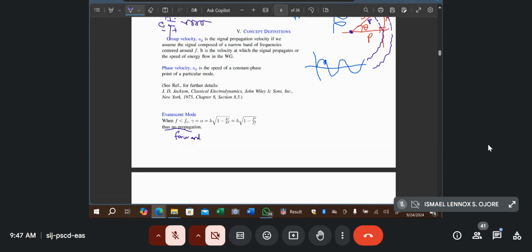All right, is it clear? Yeah. So evanescent mode, no wave propagation at all. You will see that in the text many of the time, that it is totally attenuated, but in real sense, it's actually just propagated backwards towards the source.